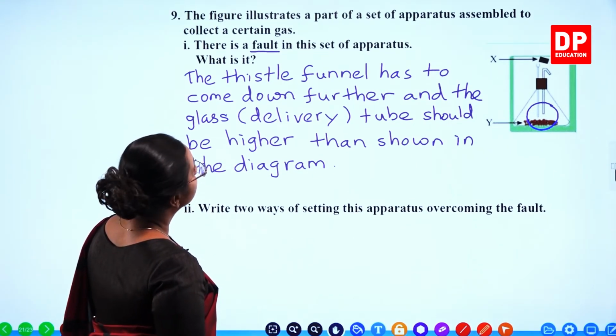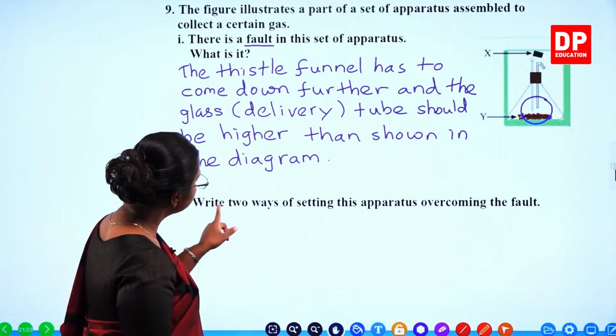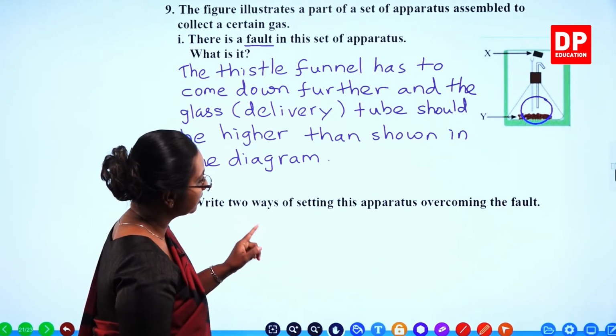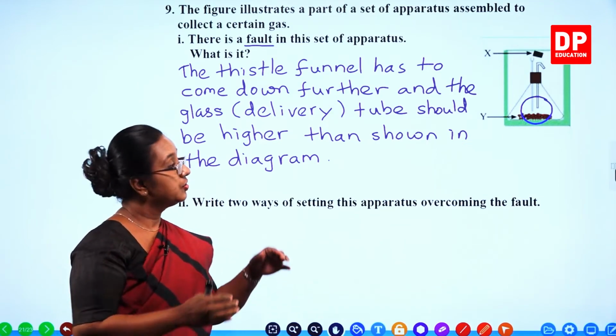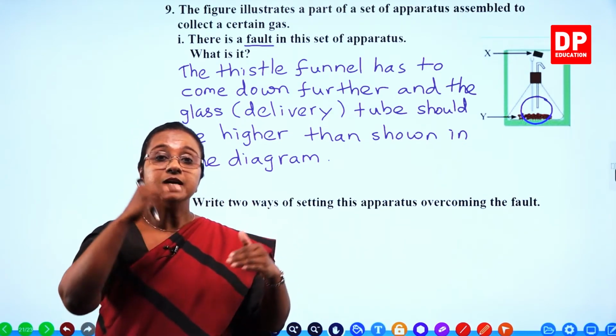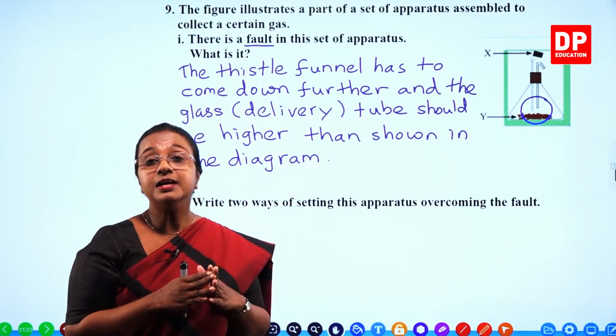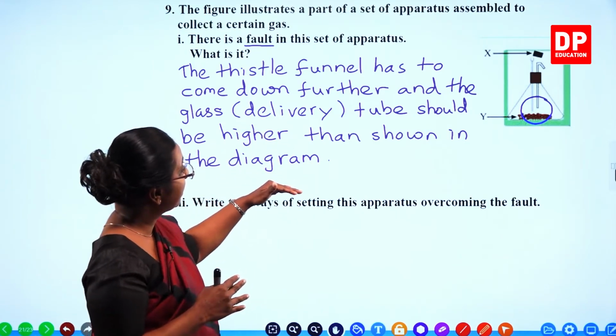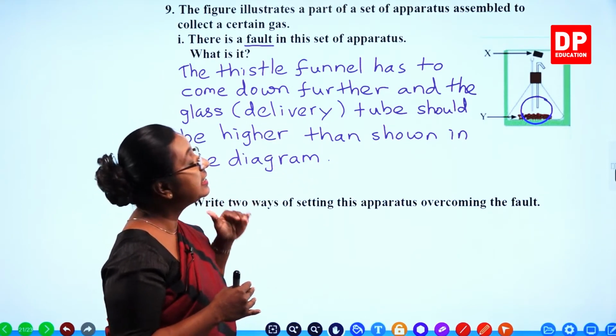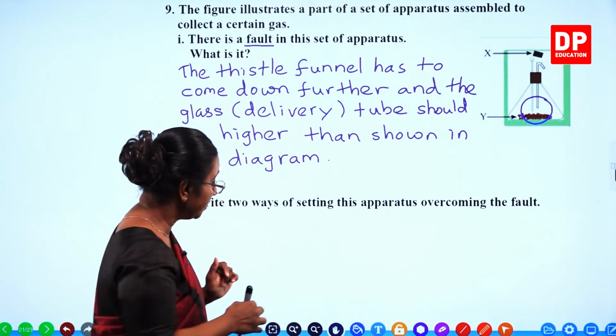Okay. So the next one, write 2 ways of setting this apparatus overcoming the fault. So basically we need to have a much larger distance between the thistle funnel and the glass tube. So already what I have mentioned there, if you adjust that, then you can overcome the problems.